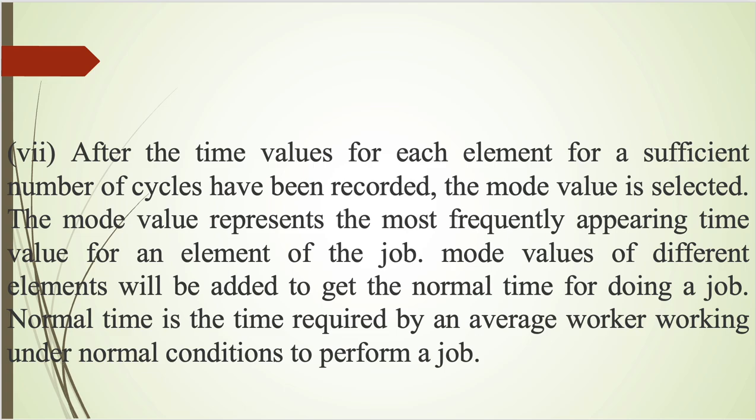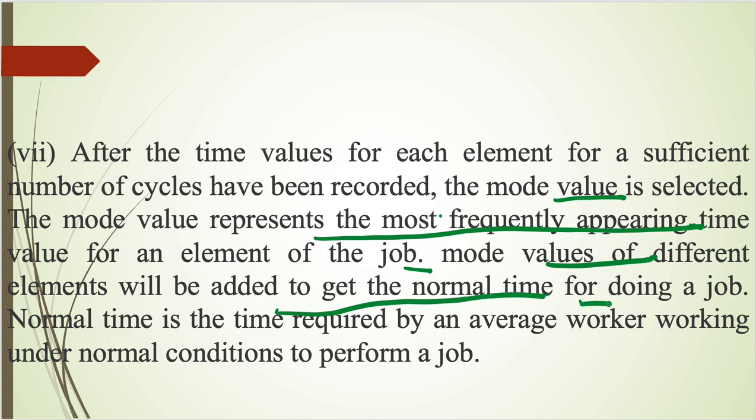After the time values for each element for a sufficient number of cycles have been recorded, the mode value is selected. The mode value represents the most frequently appearing time value for an element of the job. The mode values of different elements are added to get the normal time for doing a job.